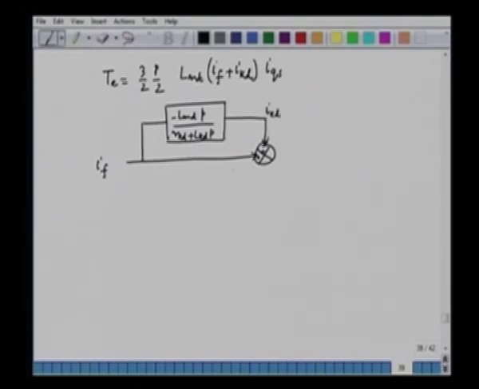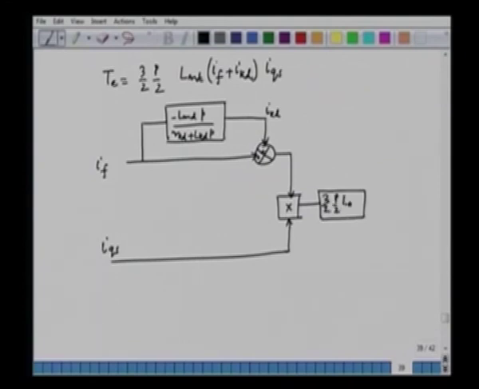IKD is added with IF, and then we have a multiplier, and this is multiplied with IQS, and we have 3 by 2 P by 2 into LMD, and this is the torque of the synchronous motor.